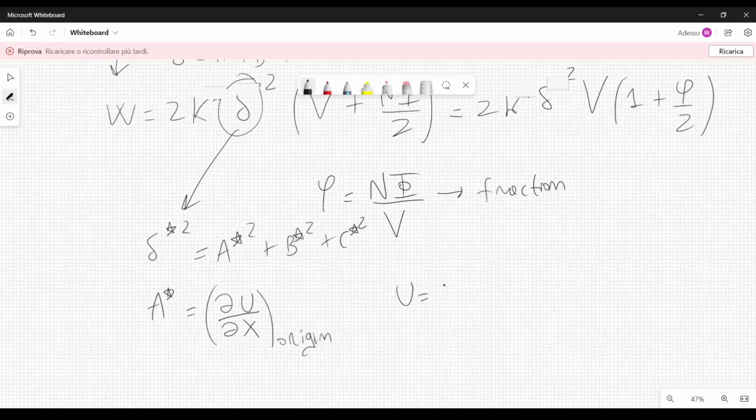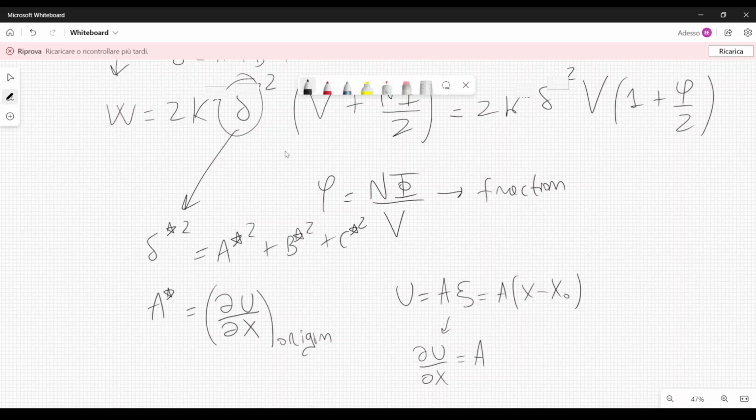It was written as a times xi, and this was a times x minus x0. So the sphere was centered at x0, but in this case we don't have the sphere. You can see that in this case du over dx gives us the constant a.